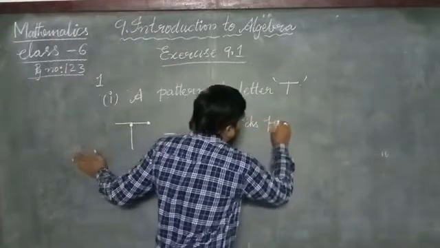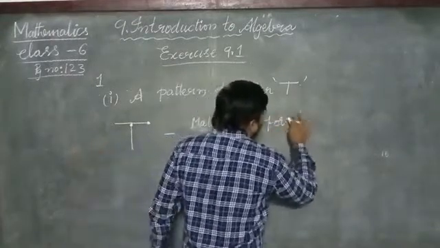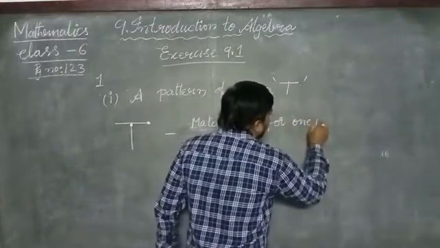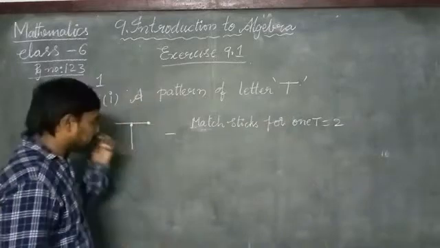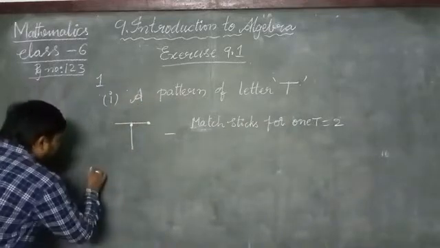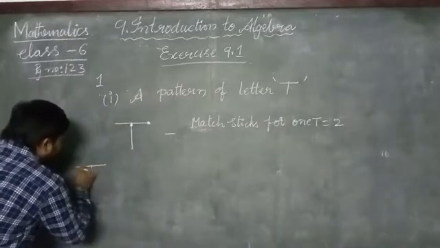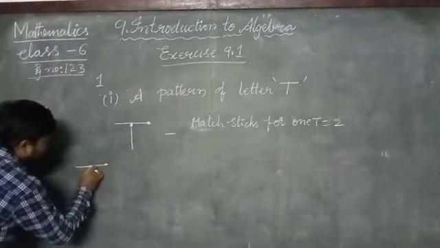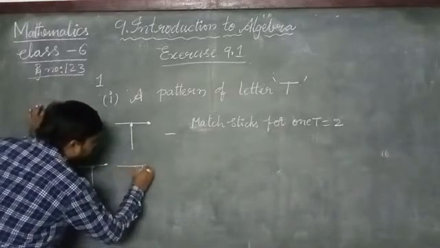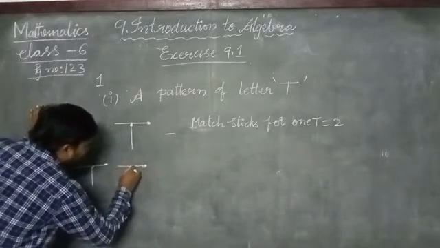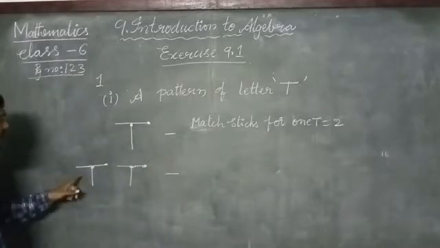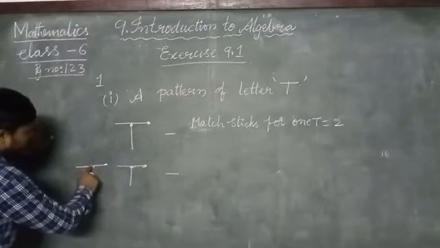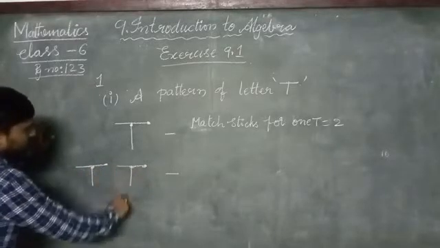Matchsticks for one T is 2 matchsticks. Okay, now let us see. Here, matchsticks for 2 T's. Okay, how many matchsticks here we are using? This is one matchstick, 2, 3, 4.